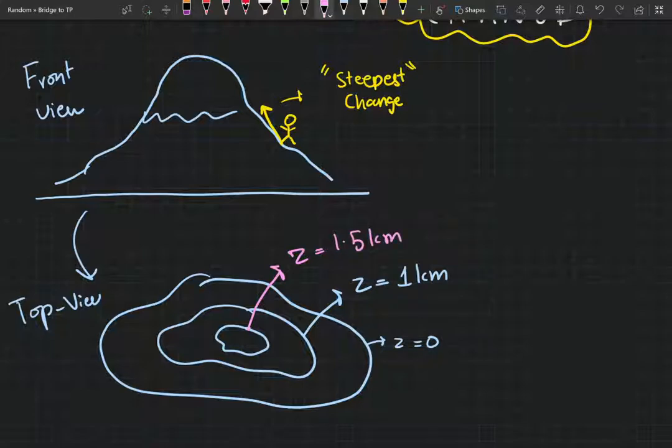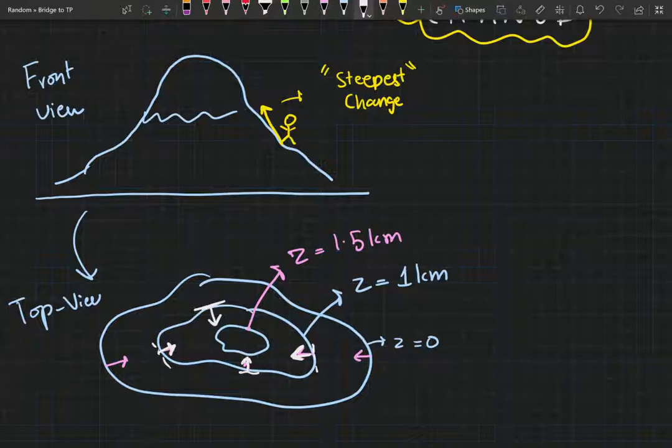So as you can see, as you're moving into these contours, your height is increasing. So if I were to draw the direction perpendicular to the tangent at any given point, I'm drawing all these vector arrows.